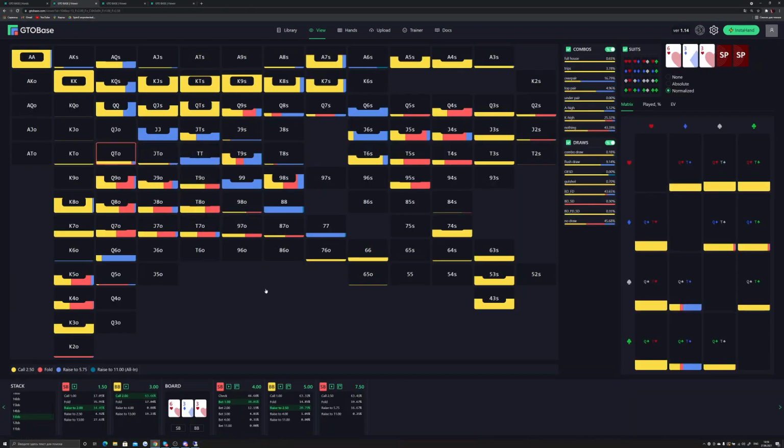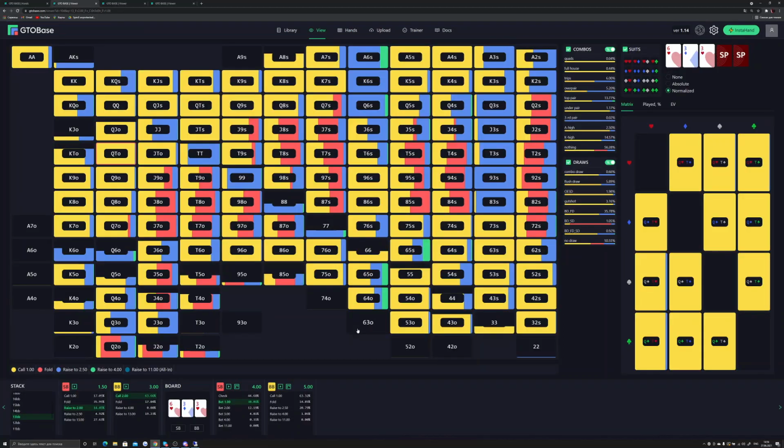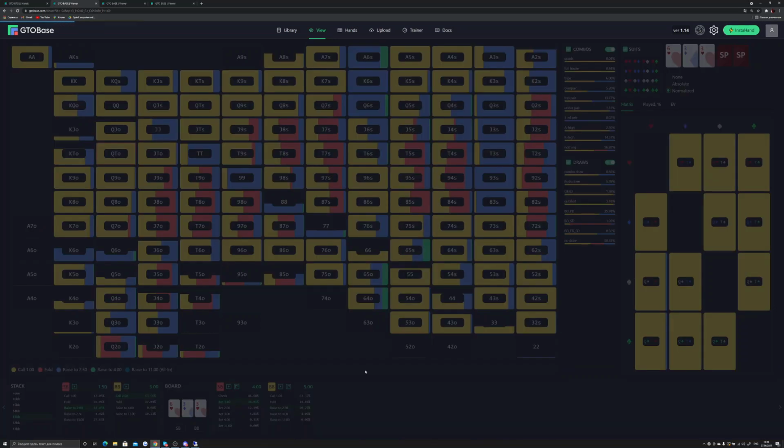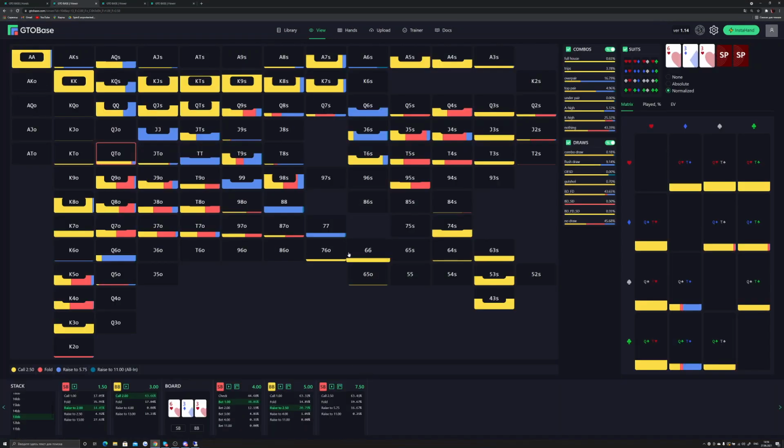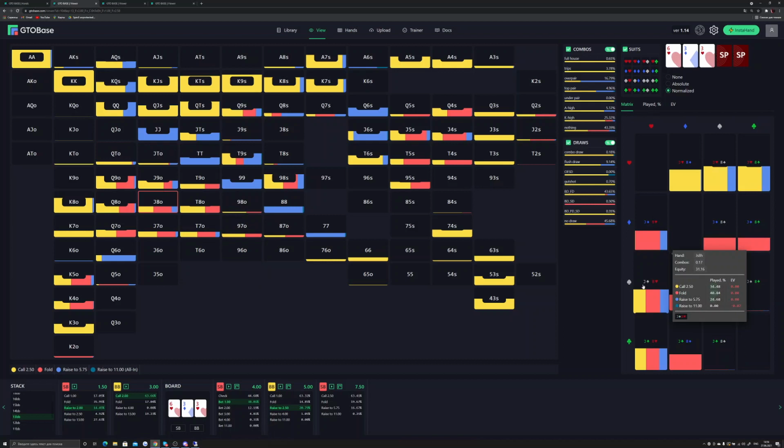If we raise here as a big blind up to, I don't know, 30%, it's going to be really tough to play as a small blind since you just don't have enough hands to counter it in any way. You have to 3-bet as a bluff a lot. You have to find a way to defend against the raise, and it's not easy to do. So yeah, we can make a small blind's life pretty miserable.